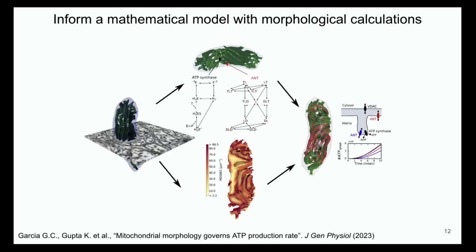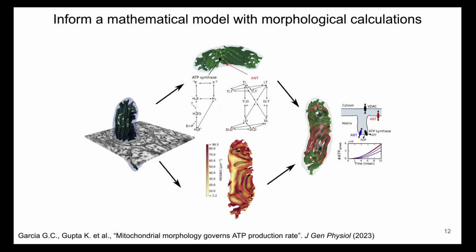So again, we now have all this structural information, and what we want is to combine this with mathematical modeling. And so we took a similar approach, but now combining the 3D reconstructions that we have with the model that we developed with the different components, particularly the main components. I didn't mention that, but it's ATP synthase and ANTs, which are the proteins that translocate ATP.